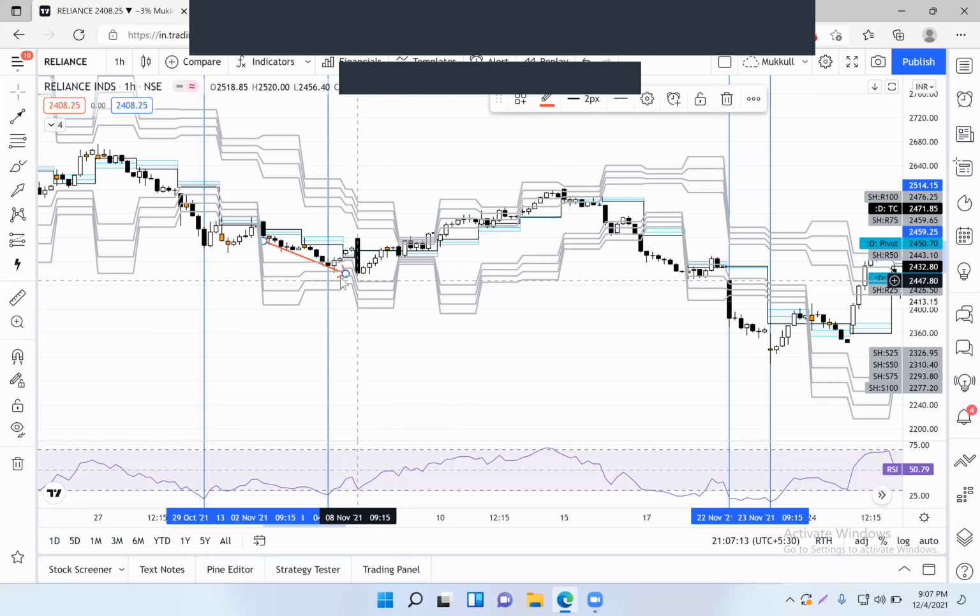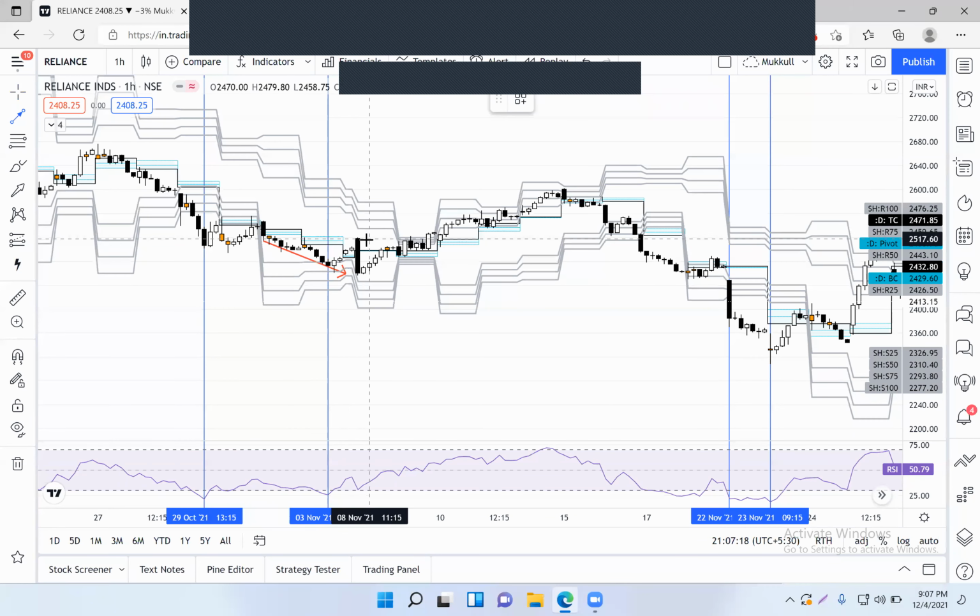So according to this setup, अगर stock opens here, comes down till 100%, yes, 75%, breaks it, but closes above 100%, then your oversold setup or setup 1 would be active. Simple.